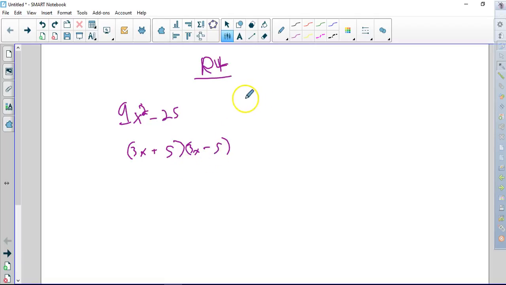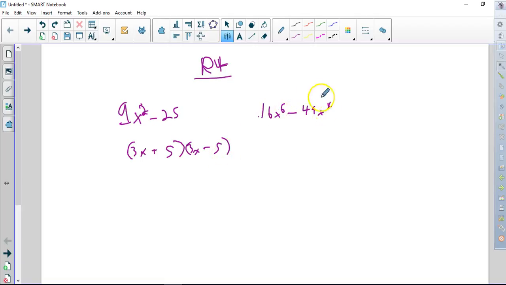Now, you could also have something that doesn't look exactly the same at first, but I could have 16 x to the 6th minus 49 x to the 4th.